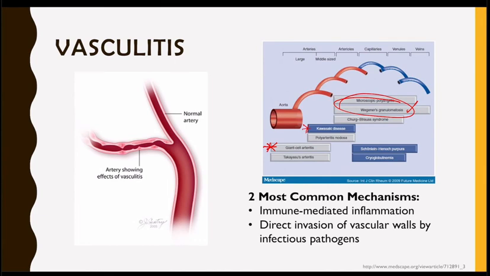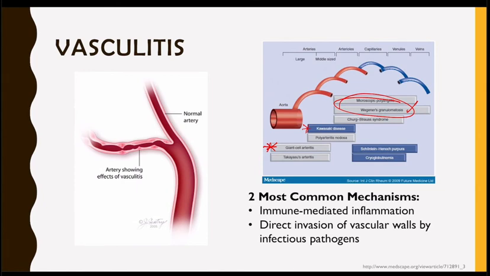So the two most common causes, the first is an autoimmune disease, where their own immune system is attacking the blood vessel wall and causing the inflammation. In your notes, I mentioned that it's very common for patients who have rheumatoid arthritis, very common for patients who have lupus to develop a vasculitis, because their immune system is already primed and ramped up to attack itself, so it can end up attacking the blood vessels.